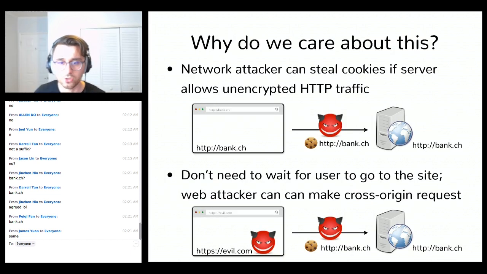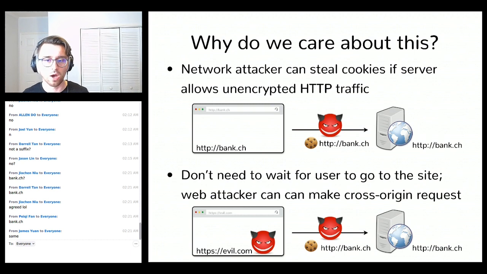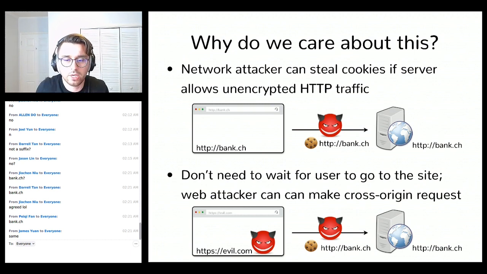And this addresses one of the very early things that we mentioned in the class, which is the network attacker. We want to make sure that a network attacker can't get our cookies. If we serve our page over HTTP, we want to make sure that we're not sending cookies when we do that, because if we do, then the attacker can basically do anything they want, right? First, they can just steal cookies if the server allows unencrypted traffic.